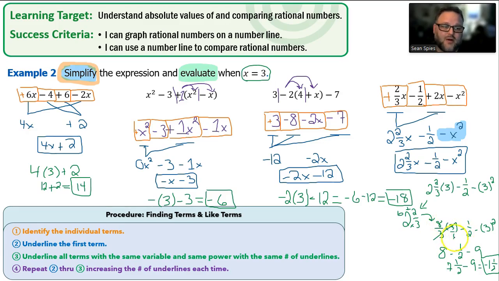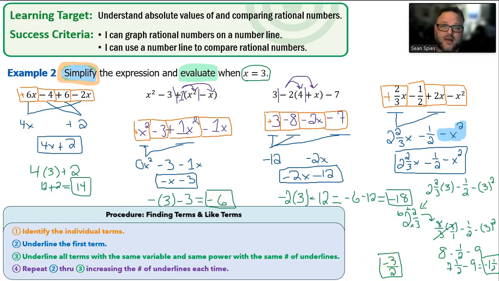That left me with 8 over 1, which is the same as 8. I then took 8 minus 1/2, which was 7.5, and then subtracted 9, and that left me with negative 1 and 1/2. The other way I could write the same number of negative 1 and 1/2 is negative 3/2.